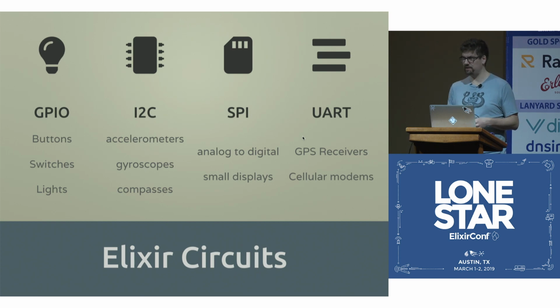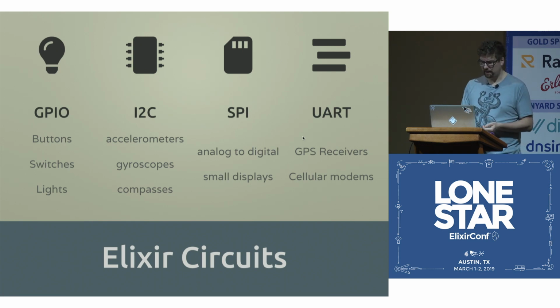These Raspberry Pis are digital. They don't have these analog to digital or A to D devices on them. So if you need to measure voltage, which is common for some sensors, you can use one of these and interface with it that way. Small displays, like LCD displays, sometimes run on SPI. And UART, like old serial port connections, a lot of GPS receivers and cellular modems do that.